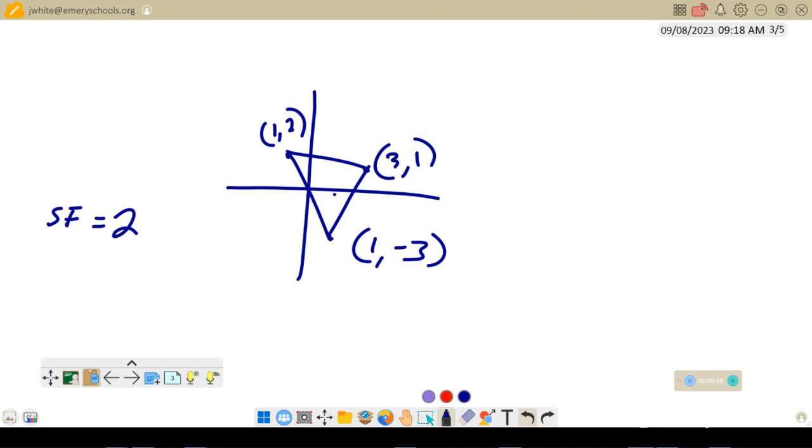So 1 comma 2 would now be 2 comma 4. 3 comma 1 would now be 6 comma 2. 1 comma negative 3 is now 2 comma negative 6. And my new shape is twice as big as my old shape, as far as the side lengths are concerned. Right, that's it. Get to work.